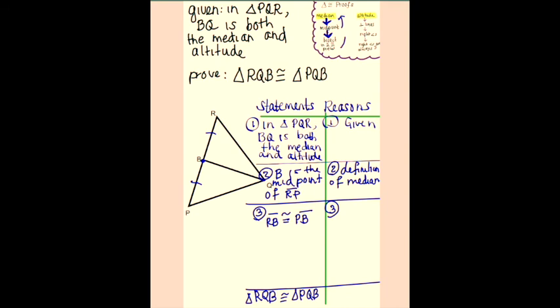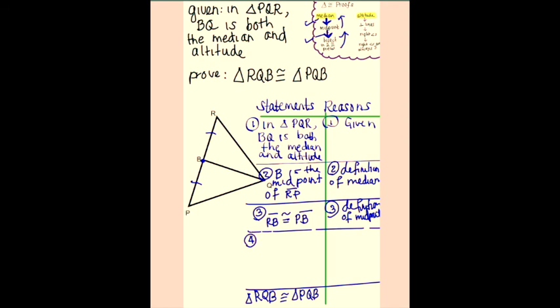And the reason I'm able to say that is the definition of midpoint. Okay, so I literally talked about everything I could talk about for the word median. So now I need to talk about everything I need to talk about for altitude.